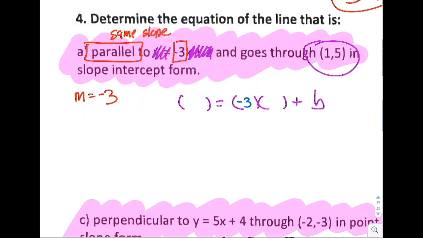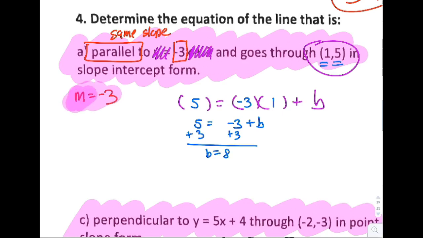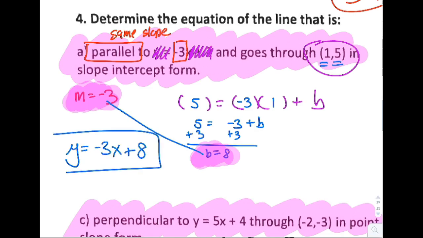Our m is negative 3. Our x is 1. Our y is 5. Add 3 back. B is 8. So now that I have a slope and a y-intercept, you write the equation of the line. Y equals the slope x plus the y-intercept.